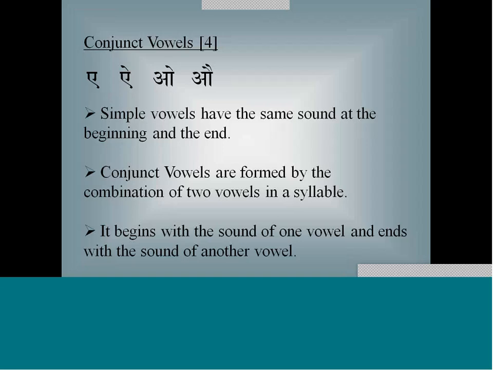Therefore, A, I, O, Au, these four are called conjunct vowels, because they have the combination of the sound of two vowels. A and I is guttural plus palatal. O and Au is guttural plus labial. These four conjunct vowels are long vowels. There is no short form for these conjunct vowels. I hope you understand.